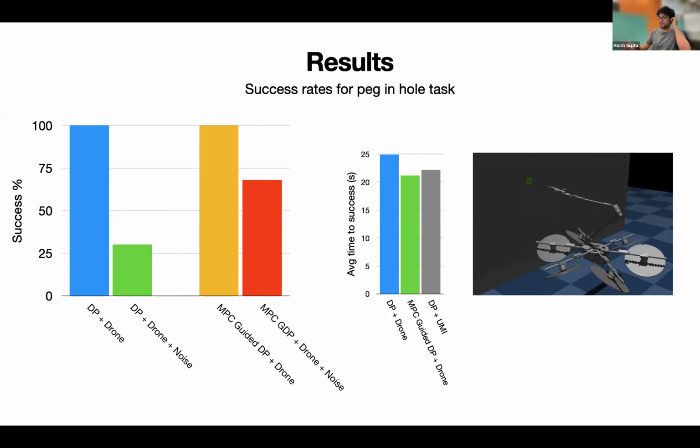And even for those that had 100% success rate, like the diffusion policy plus drone, the MPC carried plus drone, so no noise, our policy is able to completely match the diffusion policy plus the UMI variant in terms of the average time to success, because we're no longer doing actions that are not aligned with the embodiment that we're in.